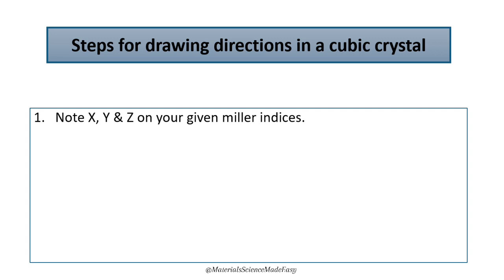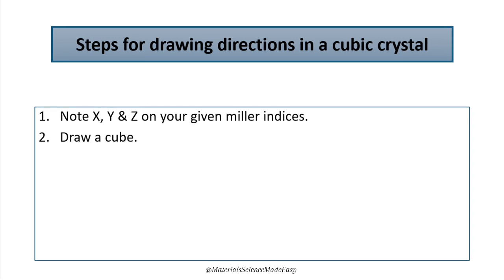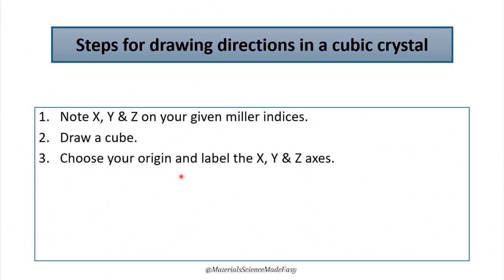First of all, I noted my X, Y, and Z on my given Miller indices. Next, I drew a cube. Then I used the signs of my Miller indices to choose my origin and then label my X, Y, and Z axis. It is very important to label this because it indicates to your lecturer where you drew your direction from.